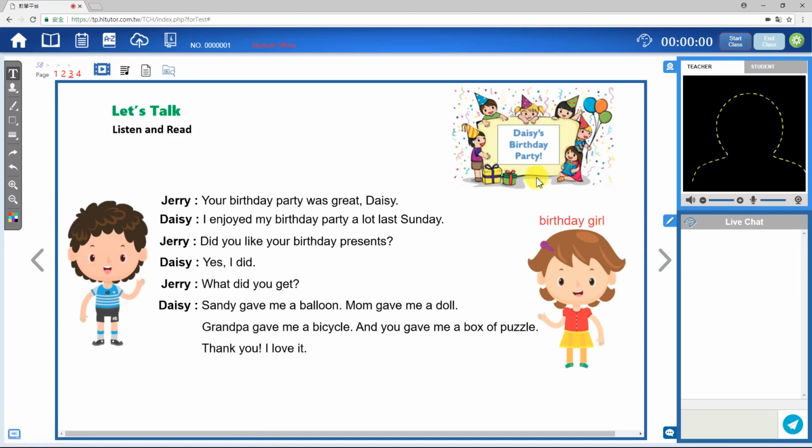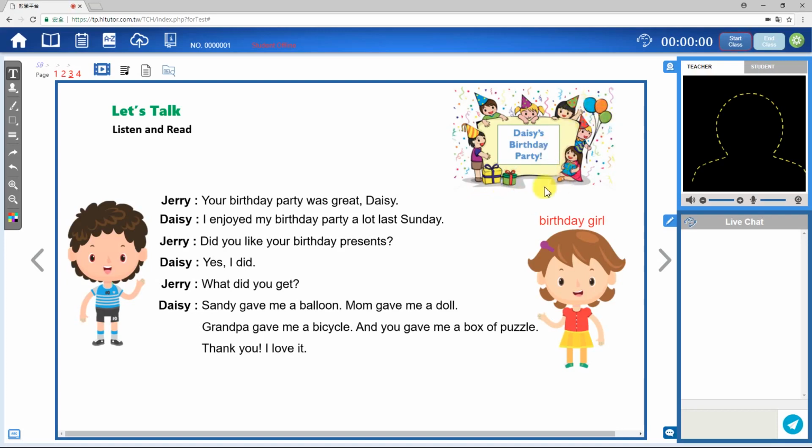Look at the picture. What do you see in the picture? Present. How many? So you say presents. Very good. What else do you see? Balloons and friends. So we say, I see presents. Good job.